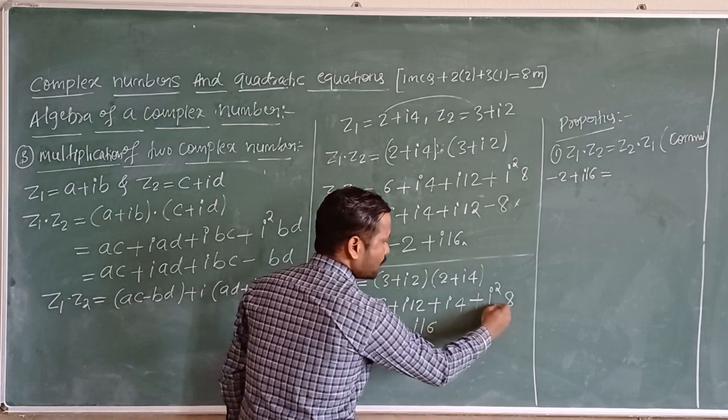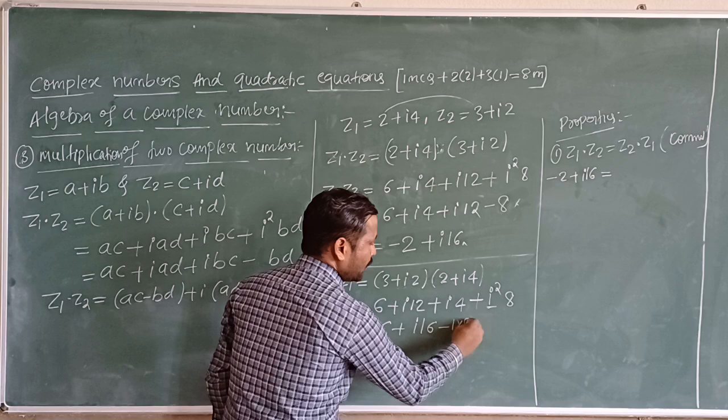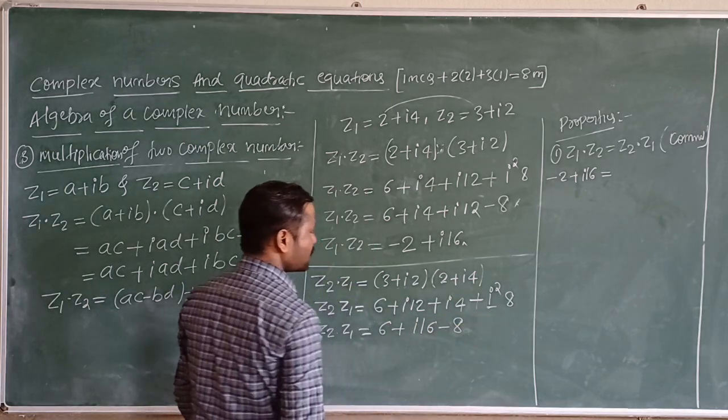Okay, I square value is minus 1, into 8 it becomes minus 8 now.